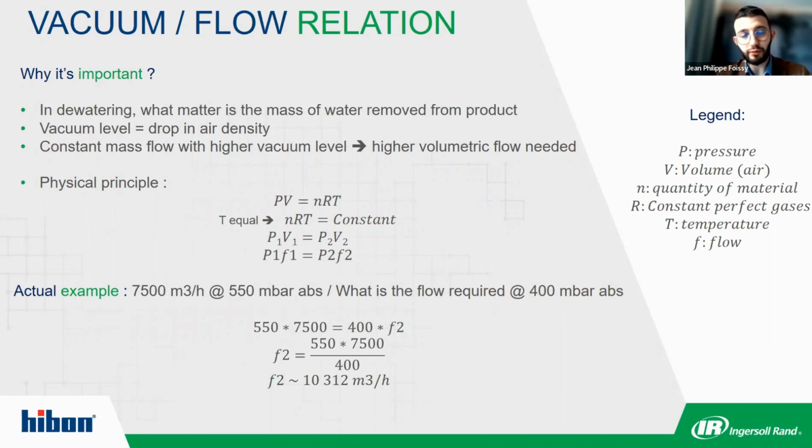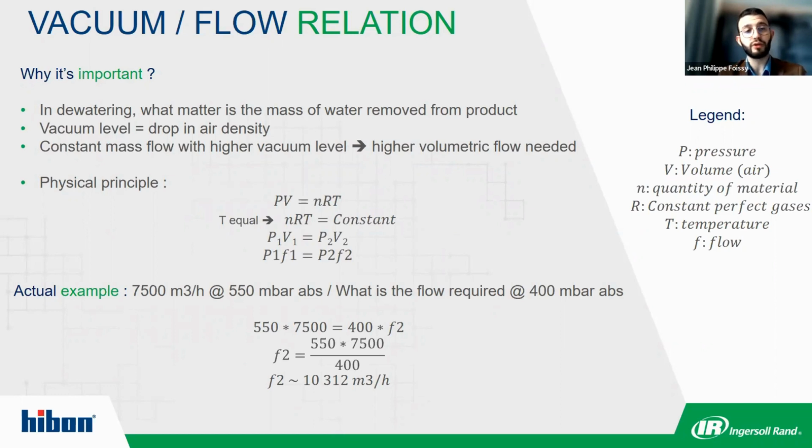On the dewatering application, why do we use a vacuum system for that? It's to remove a certain mass of water from the product. That's all. The vacuum level is a drop in air density. That means the higher vacuum level you have, the less density you have, so the fewer molecules.